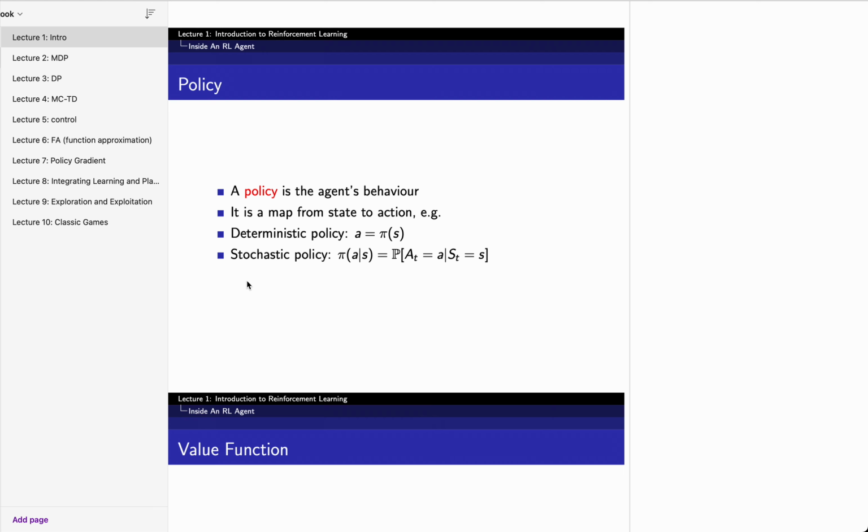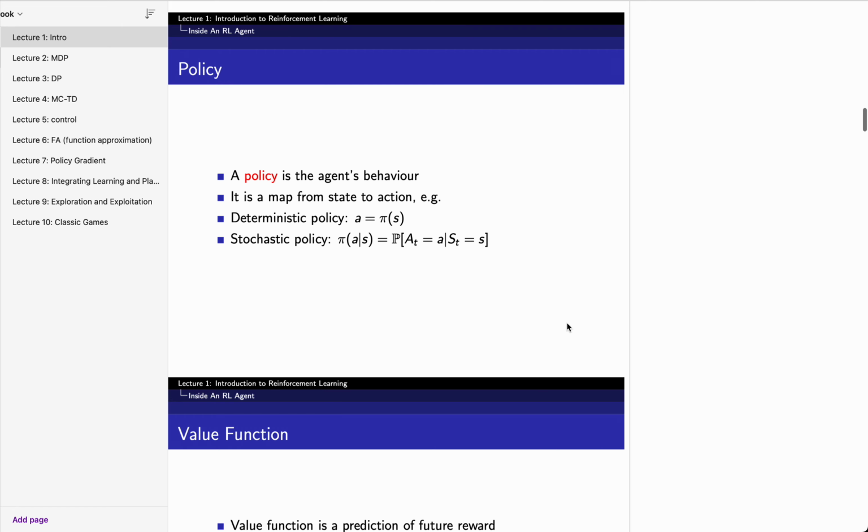The other policy would be stochastic. It's random. It has probabilities. I'm holding a pizza. Maybe 20% I'm going to eat it. Maybe another 20% I'm just going to put it down because it's not healthy. So based on the current state, there's going to be a probability for each action. That's called a stochastic policy.